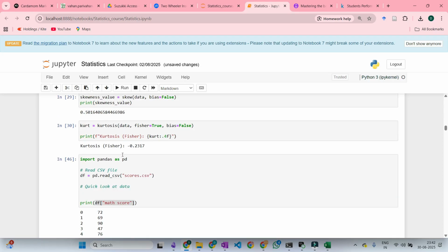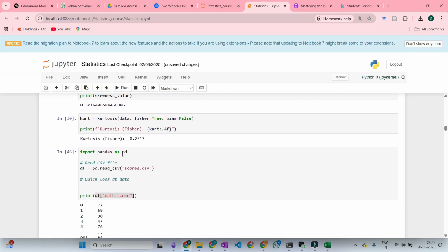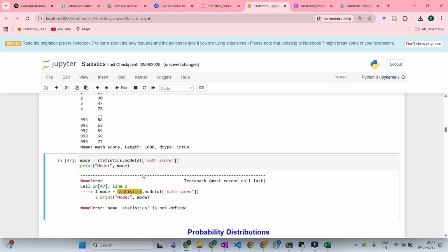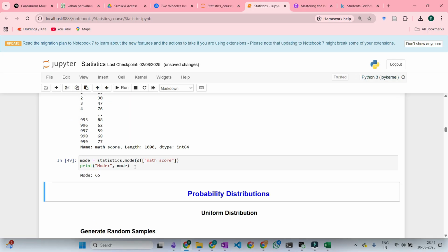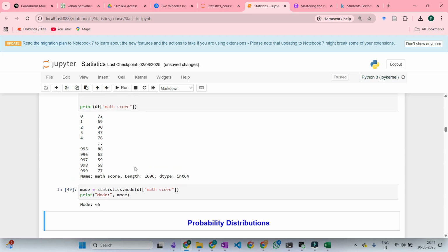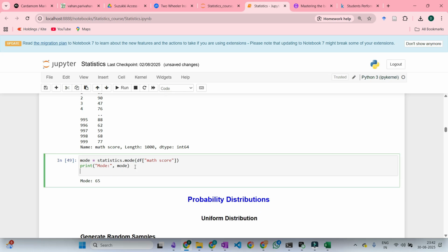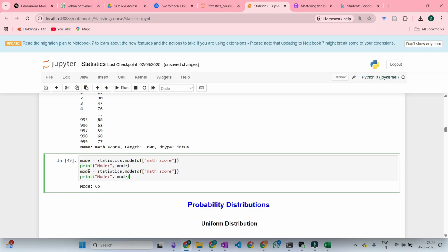Here I am using, okay, I need to import statistics. Okay, the mode is 65. Similarly, let us find the median.